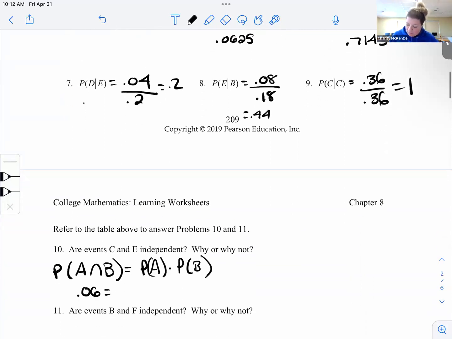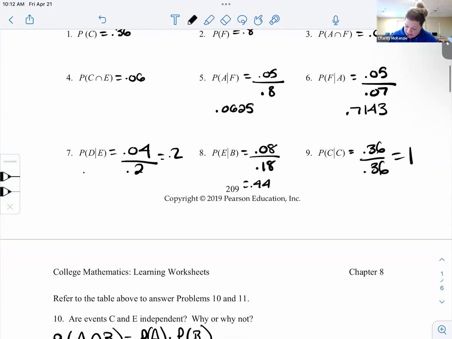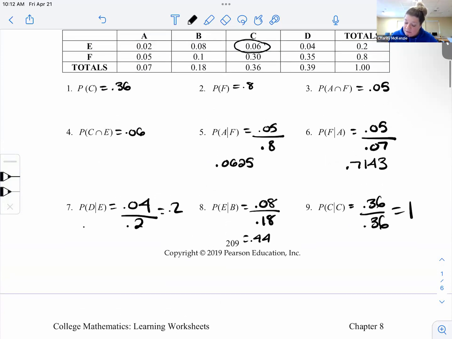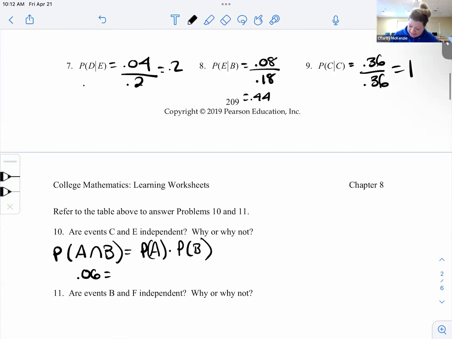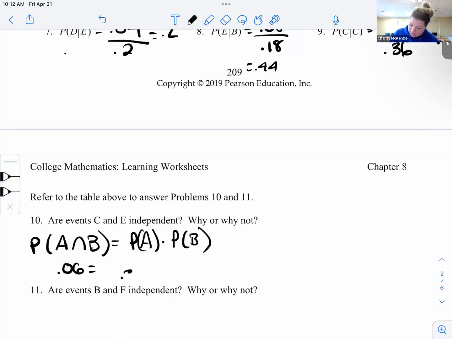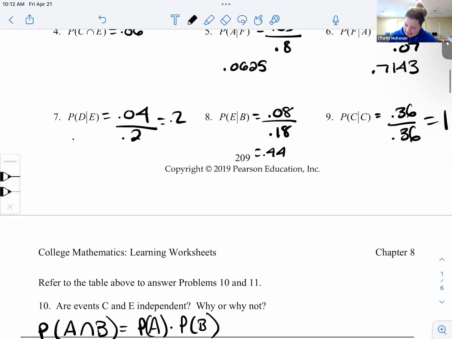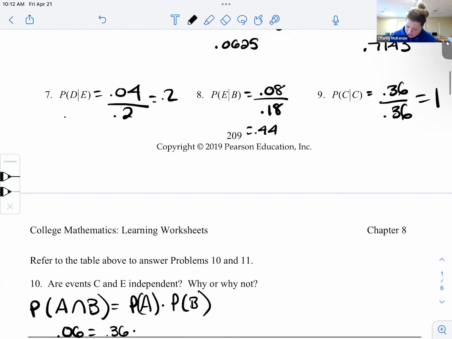Does that equal the probability of A times the probability of B? Well, A is going to be our C, so the probability of C is 0.36. And we're going to multiply that by the probability of the second one, E, which is 0.2.